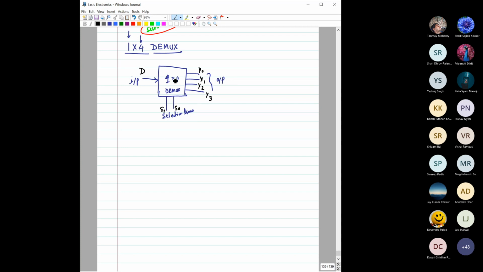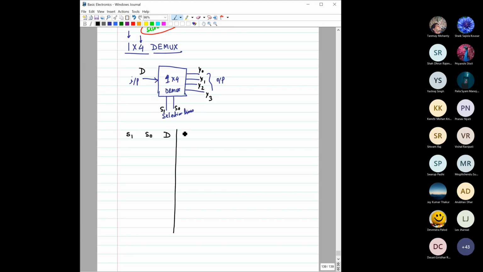Again, we can draw the truth table because we have to arrive at the final circuit. Let us start with the selection lines, S1 and S0, then D, the data we have given here. These two are the selection lines and this is the input, so there are a total of 3 inputs, giving 8 combinations.